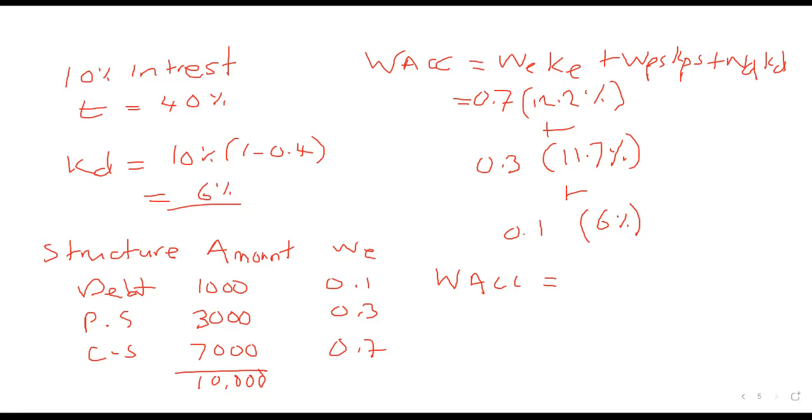What are you getting? 12.65. 12.65. This is called our weighted cost of capital.